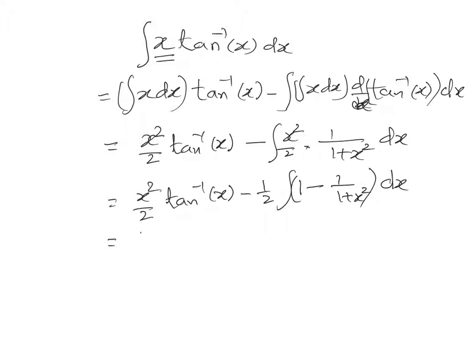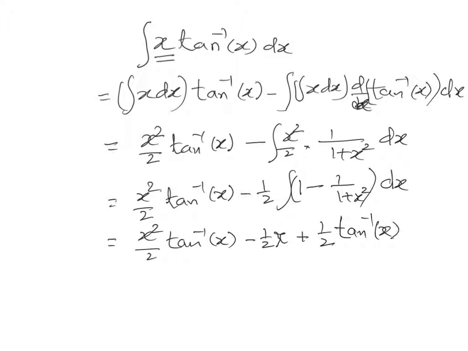This is x squared over 2 tangent inverse x minus 1/2 times: the integral of 1 is x, and the integral of 1 over 1 plus x squared is tangent inverse x, plus a constant.